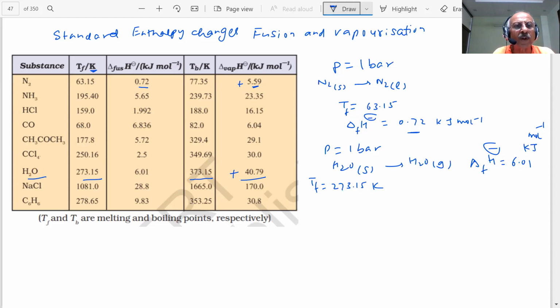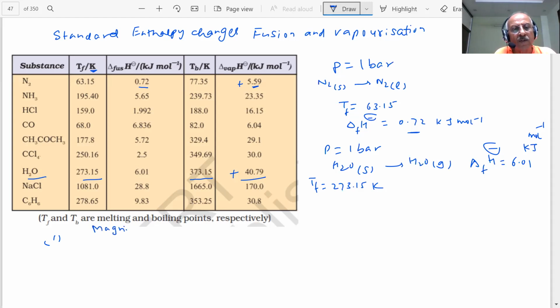This is benzene, student. So these are the melting and boiling points, TF and TB. The values of enthalpies of fusion or vaporization, what factors do they depend on, student?